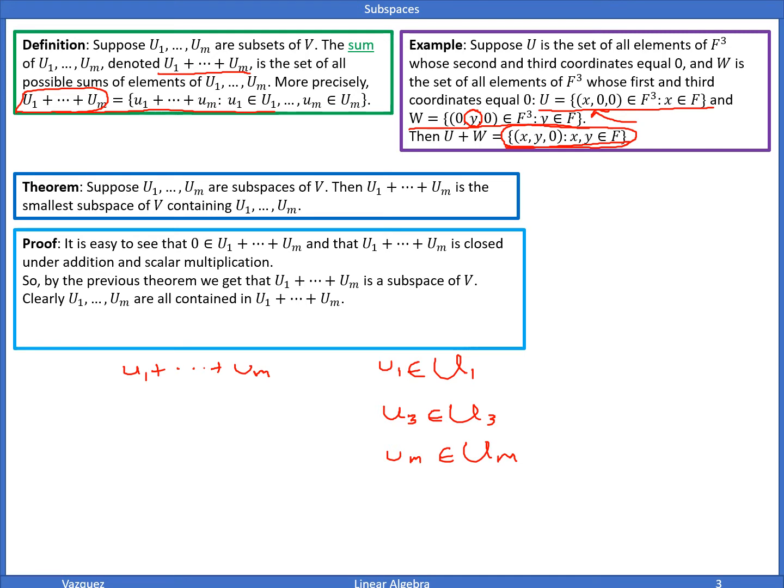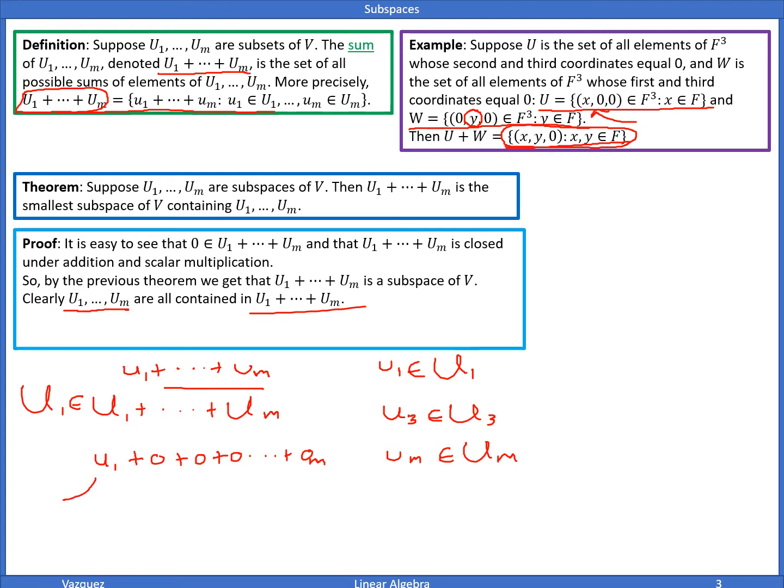Well, to see that each of those subspaces is contained in the sum, just let all the other elements here equal 0. So for example, if I wanted to show that U1 was in the sum U1 plus dot dot dot UM, I just have the sum u1 plus 0 plus dot dot dot all the way to 0, where the last 0 is the UM term.